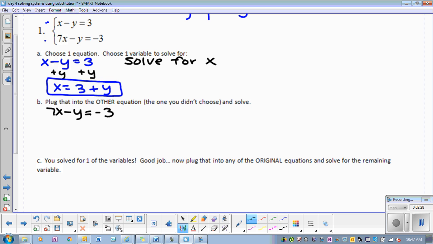So that goes 7 times (3 plus y) minus y equals negative 3. The x gets substituted with 3 plus y.